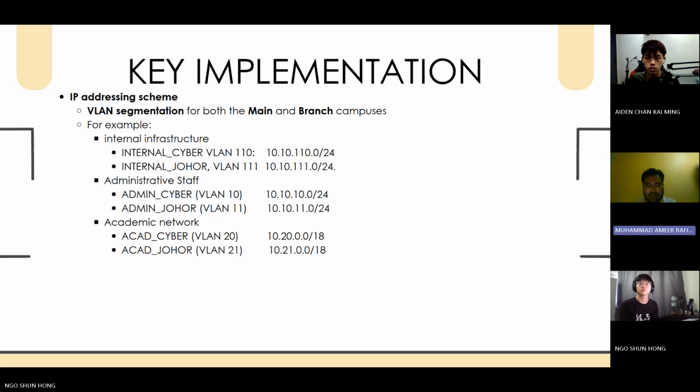If we look at internal Johor, the VLAN is 111, and the IP address is 10.10.111.0. This pattern continues on between the administrative staff and academic network. So next, I'll pass on to the next person.